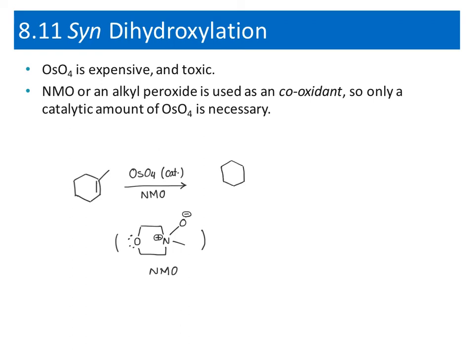So we are going to form a mixture of enantiomers and syn addition of 2 OH groups across the double bond to form a cis-diol. But instead we are going to use a catalytic amount of osmium tetroxide, so we are not using a whole lot of toxic and expensive reagents anymore.